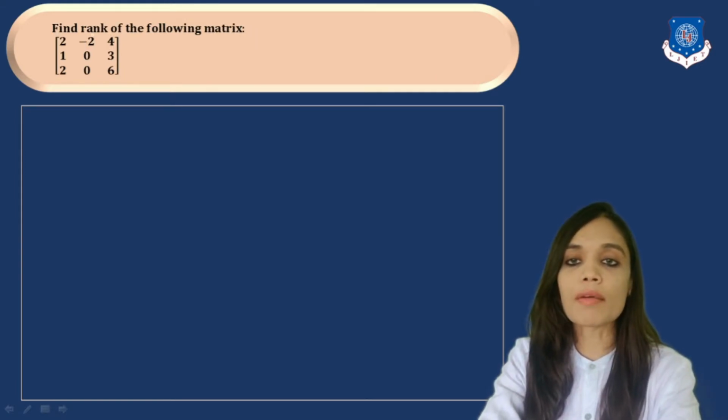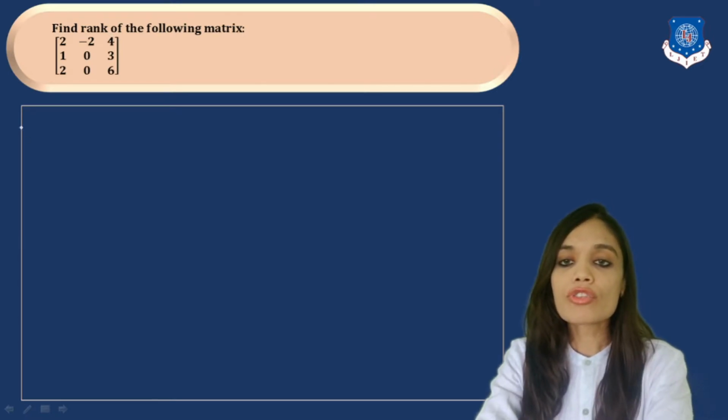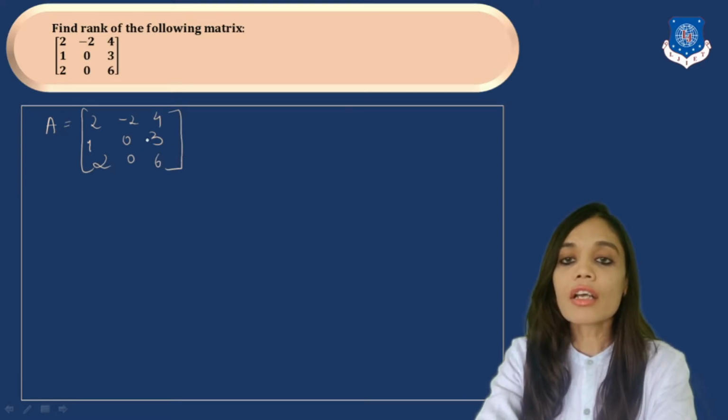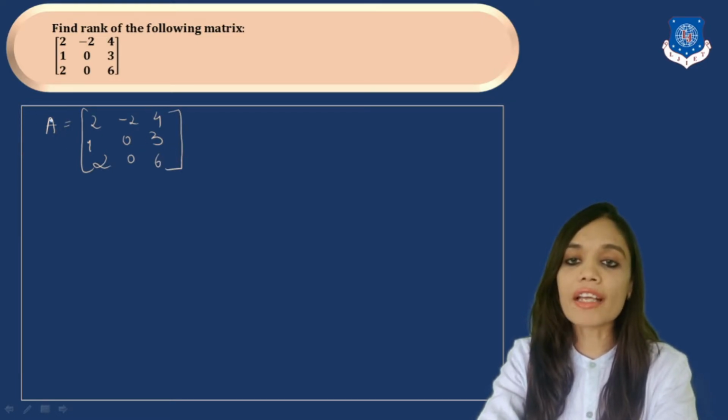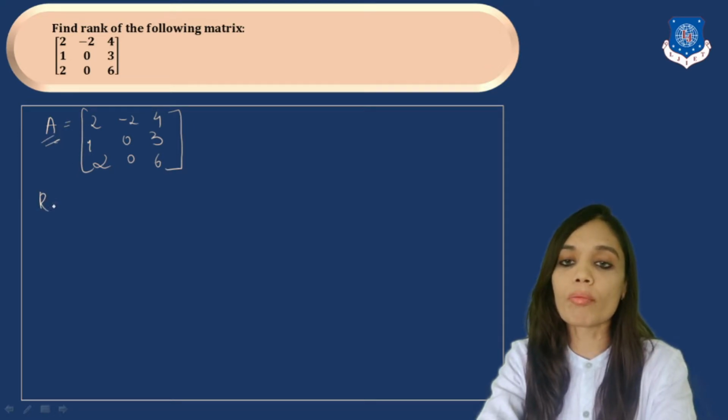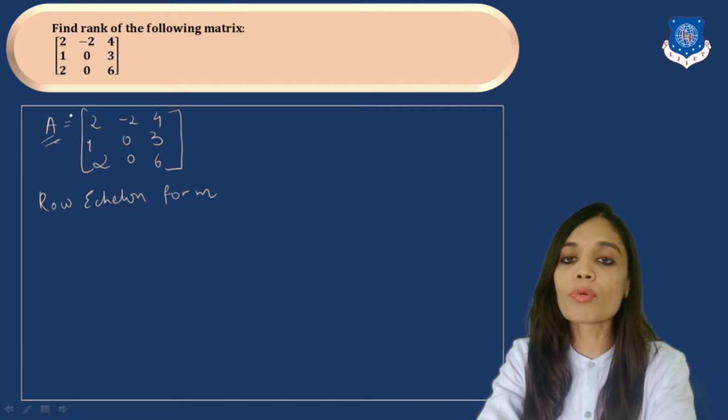The first example is we have to find the rank of the following matrix. Here you are given matrix A as 2, minus 2, 4, 1, 0, 3, 2, 0 and 6, right? Now in order to find the rank, we reduce the matrix A into row echelon form, right? So in order to reduce into row echelon form, we have to make a leading one at the first position.